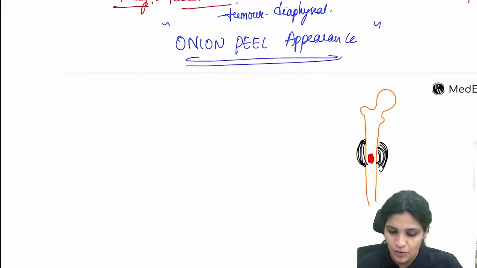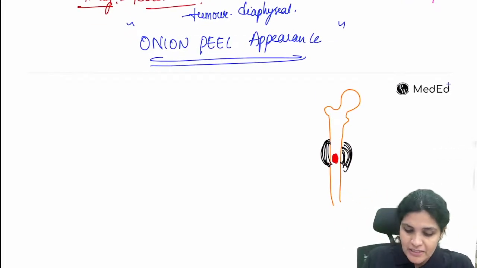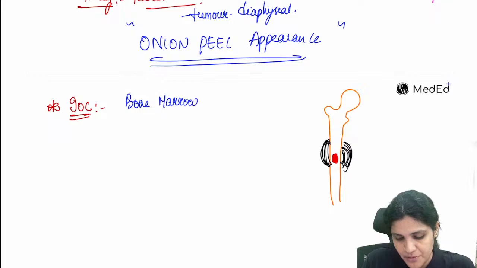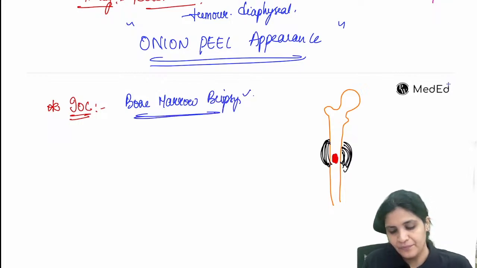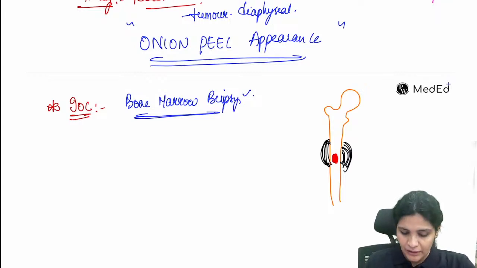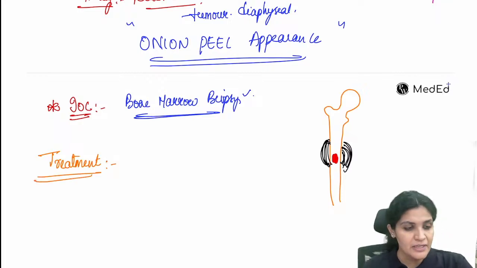And now with this Ewing's onion peel appearance, you go for the investigation of choice, that is your marrow biopsy. So once you confirm that this is Ewing's, yes, it is onion peel, then you go for the treatment, right? So what would be the treatment for Ewing's?